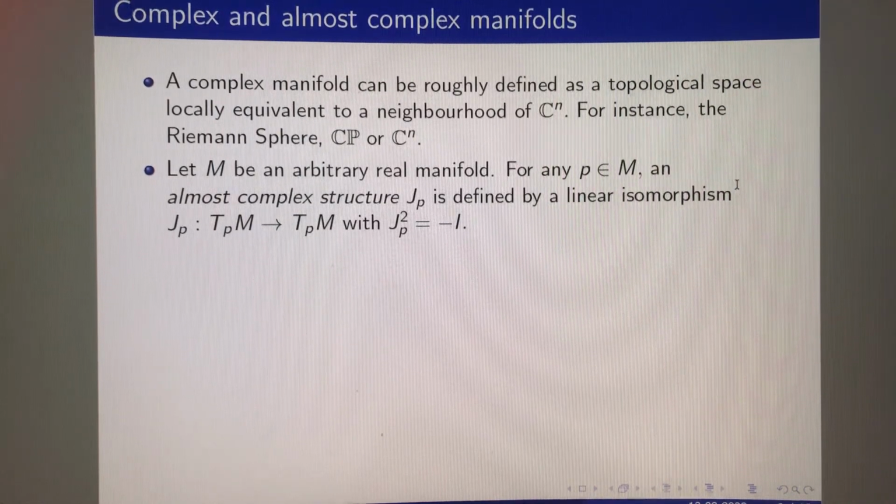An even dimensional real manifold admitting this almost complex structure is a so-called almost complex manifold, but this is not yet a complex manifold. For example, the six-dimensional sphere S6 is an almost complex manifold, but it's not a complex manifold.